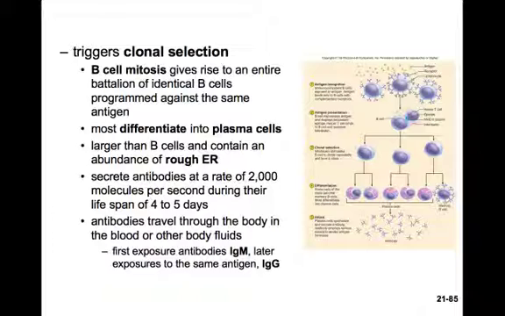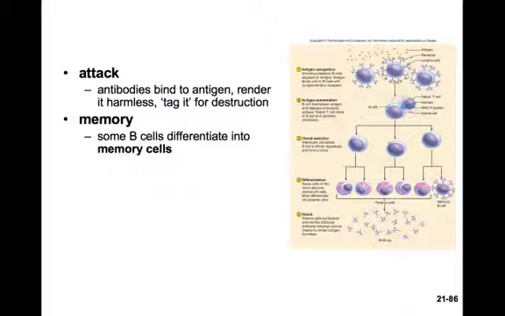We'll take a brief look into antibodies and their structure soon. So then we get into the attack phase. The antibodies will bind to the antigen and they render it harmless and tag it for destruction.